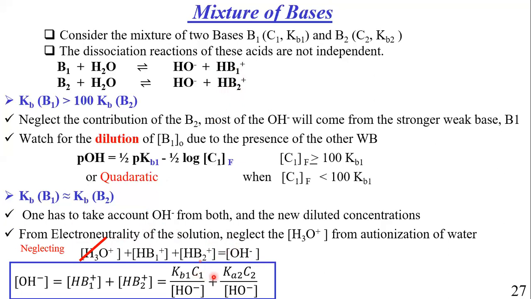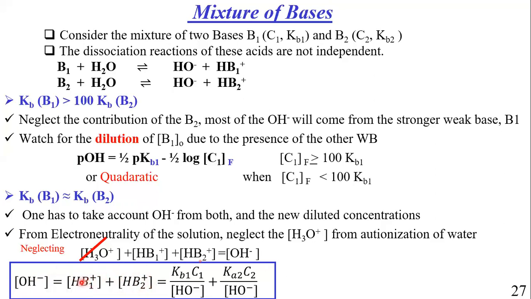And this expression is again under the conditions where the concentration of B in solution at equilibrium is equal to its initial concentration because the amount dissociated is negligible. In other words, x is negligible, meaning the concentration is greater than 100 Kb1 for these types of calculations. Again, OH minus amounts to the HB1 plus and the HB2 plus.